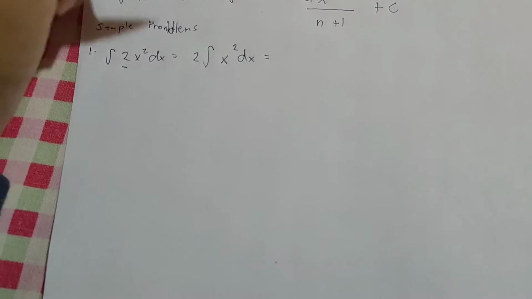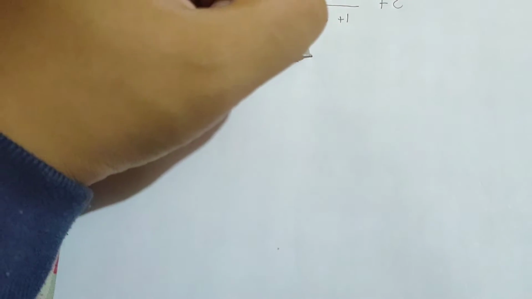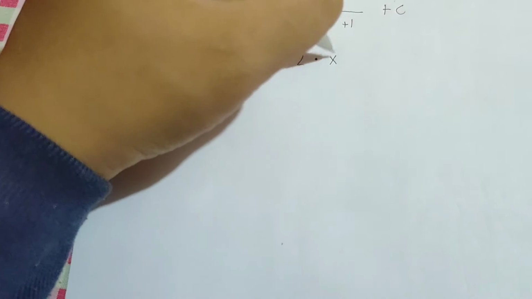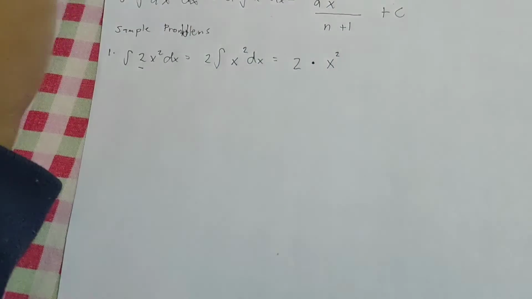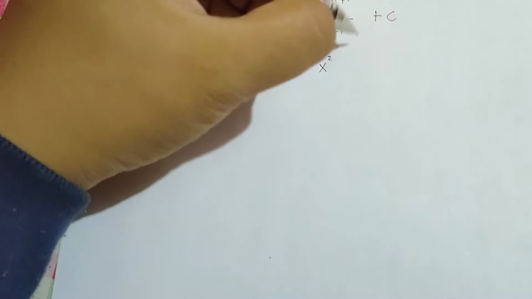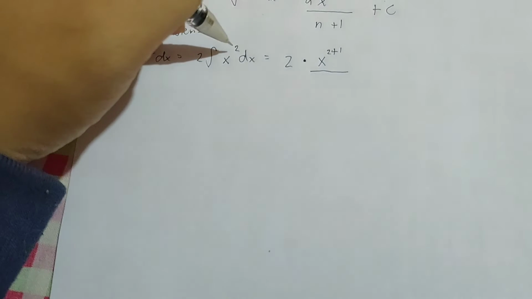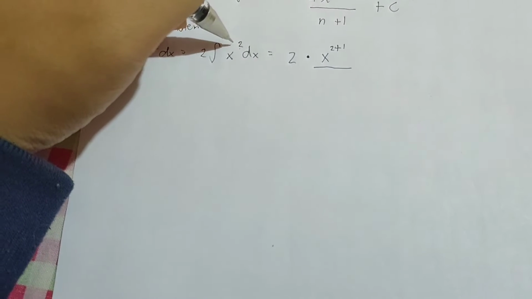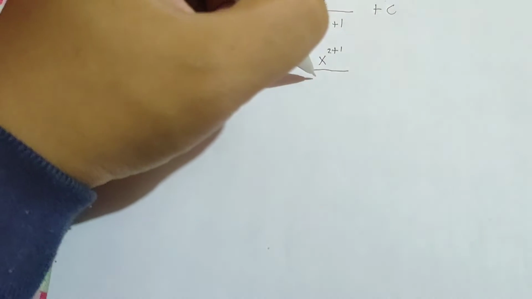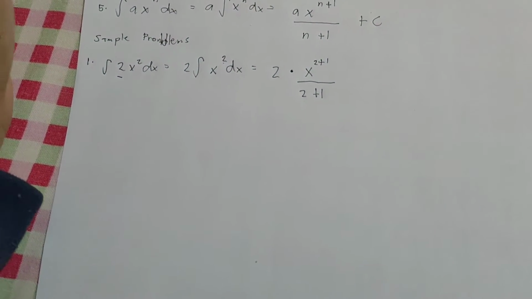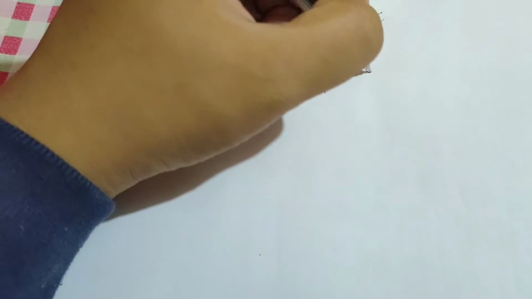Equals, copy the 2 times x squared, the integration of x squared is just put 1 all over 2, because the exponent of x is 2, and add 1 like that, plus c.